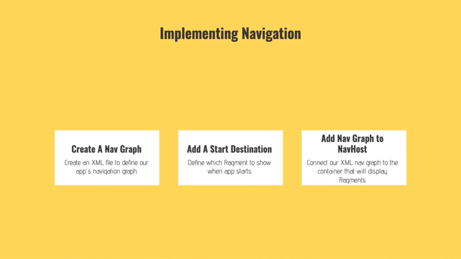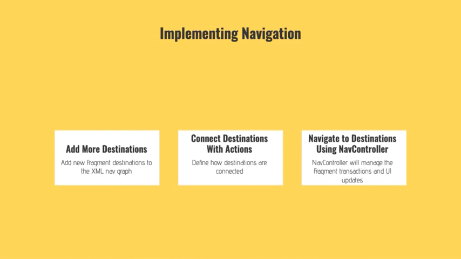Then we will add our nav graph to the nav host so that we have a place to put these fragments. And in our app, that nav host will live within our main activity layout file. Now, once we have the graph set up and we have a start destination, we can start to add more destinations.